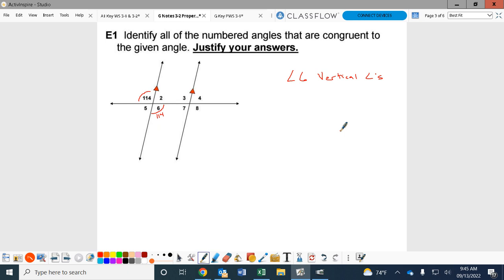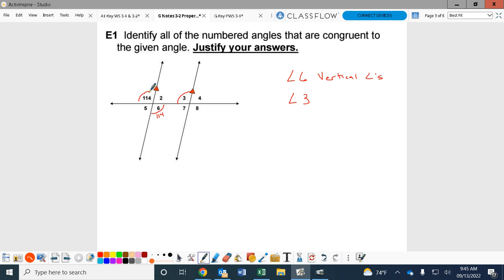Okay? That 114 right here, how is the 114 related to angle 3? What kind of angles are they? The 114 and the 3.